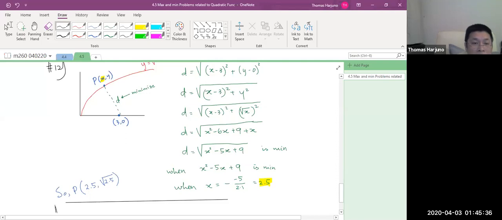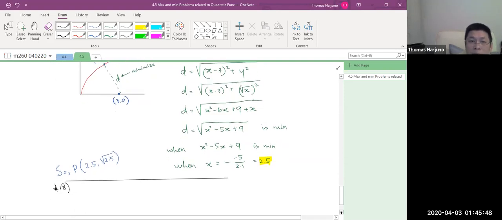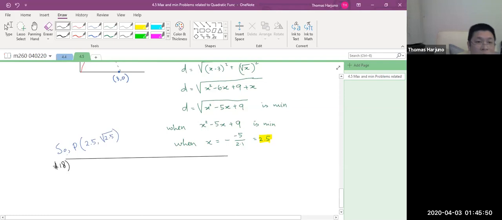Number 18. You may think this question is harder, but this is actually on the easy side. Number 18, we have function a equal to 3x squared plus 4x minus 5, while b is x squared minus 4x minus 1.